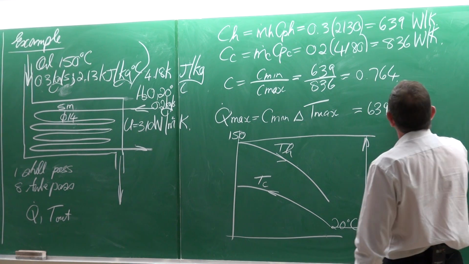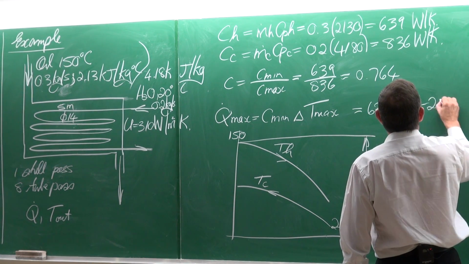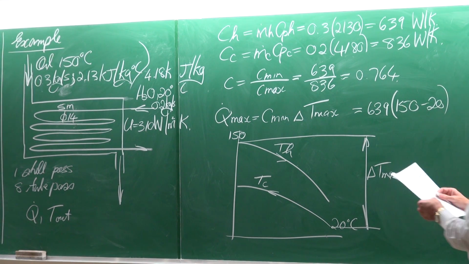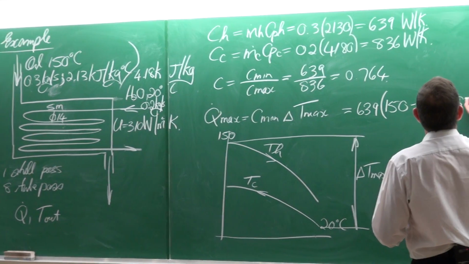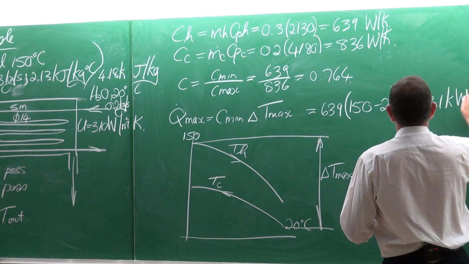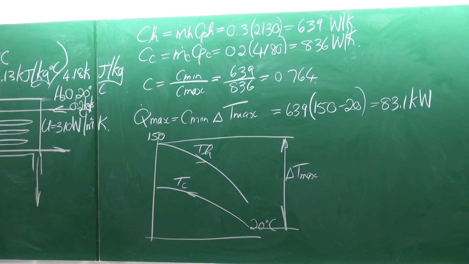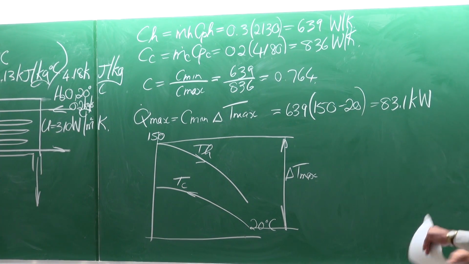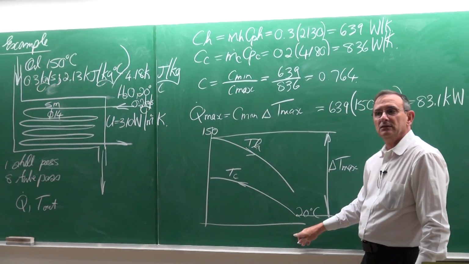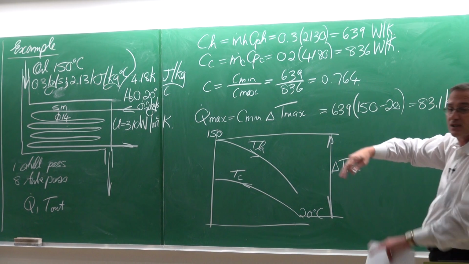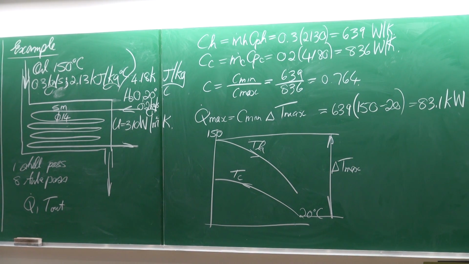Delta T max would be 150 minus 20. And that is equal to 83.1 kilowatts. Okay, so that heat exchanger with those two temperatures, obviously with that mass flow rate given and the specific streams, it can never produce more than 83 kilowatts.